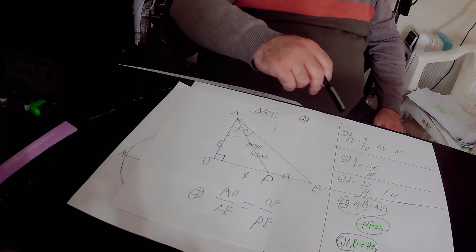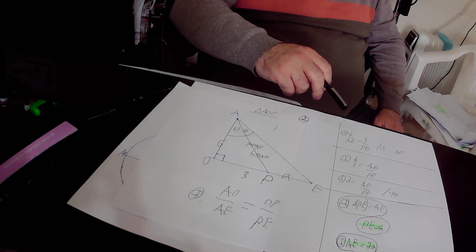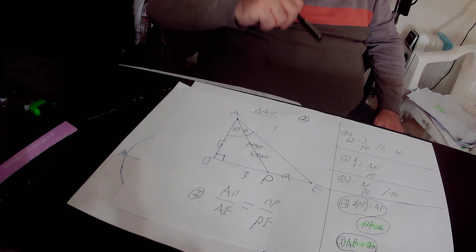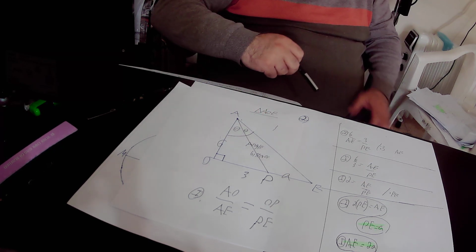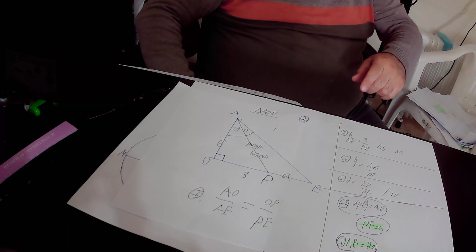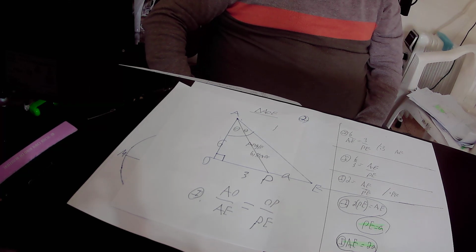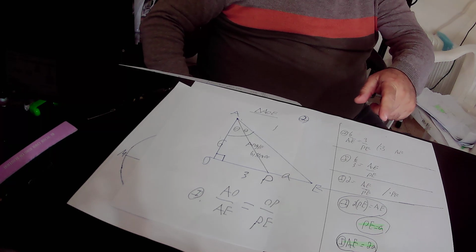OA equals 6 units, AE is AE, OP equals 3 units, this is the radius of the semicircle, over PE. PE is PE. We divided this equation by 3 and multiplied by AE.